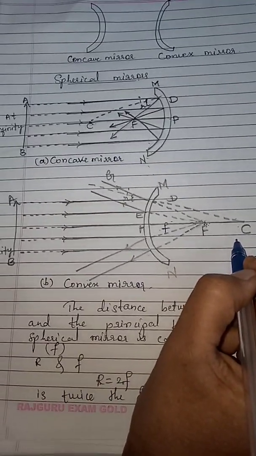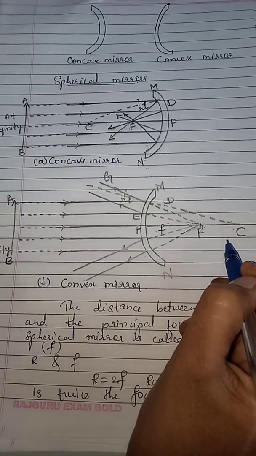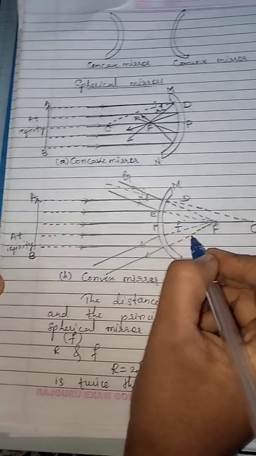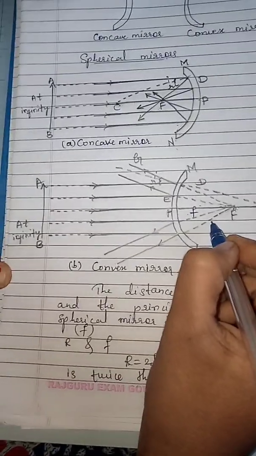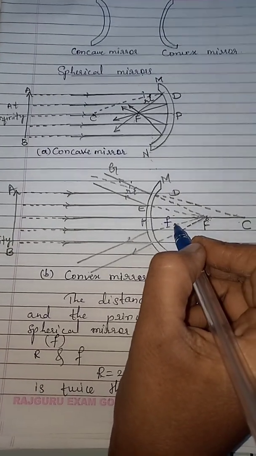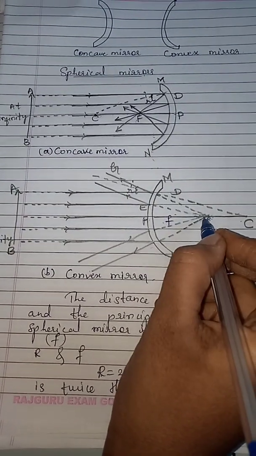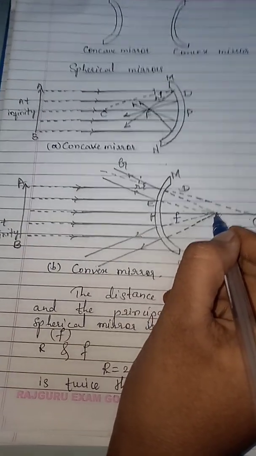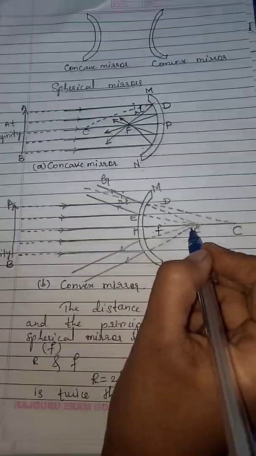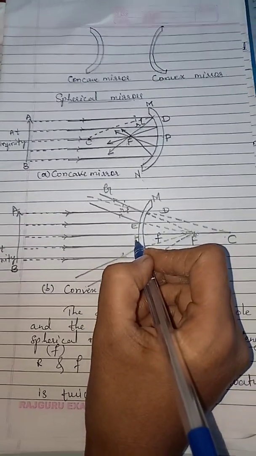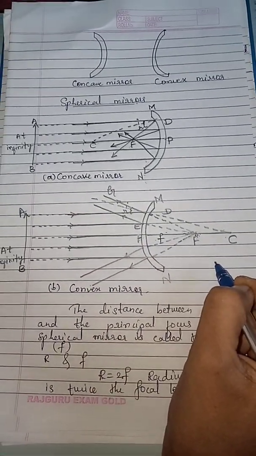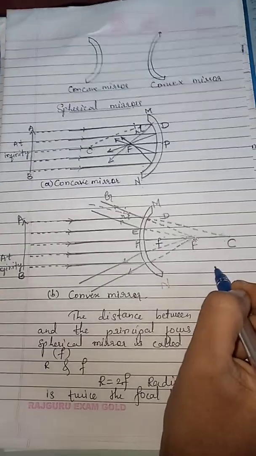And focal length: the distance between the pole and the principal focus is called the focal length. Now the radius of curvature is the distance between the pole and the center of curvature. We denote it by R.